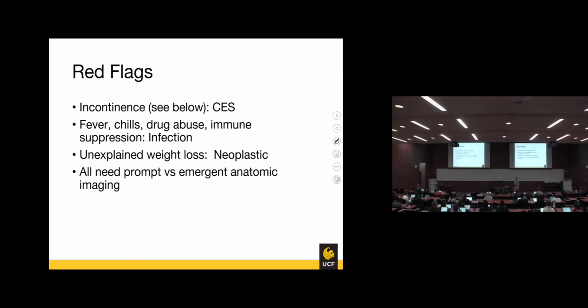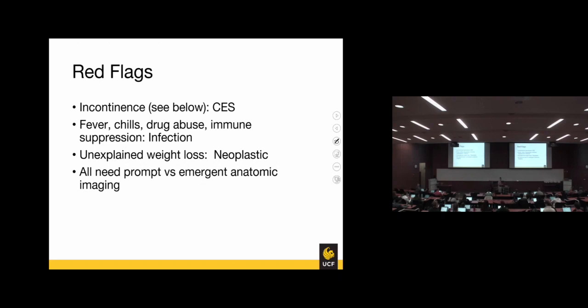Incontinence. So cauda equina syndrome is when you have a large disc that affects the entire cauda equina. It's associated with incontinence, which is why it's on this list. It's also associated with perineal numbness, and it may be associated with weakness in the lower roots like L5 or S1. Typically, it is the lower lumbar roots.